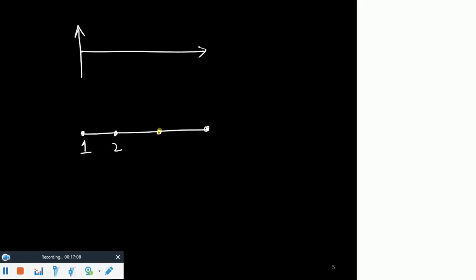I told you what a stable solution is. Let's say this is the rod, this is node 1, node 2, node 3, and this is node 4. These are known temperatures because they are the boundary conditions. Let's say I ask you to plot the temperature at node 2 with respect to time, starting from this initial condition.